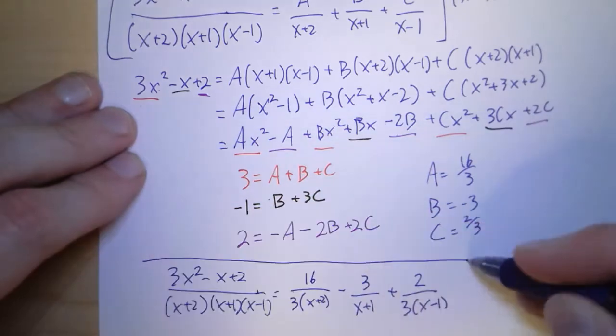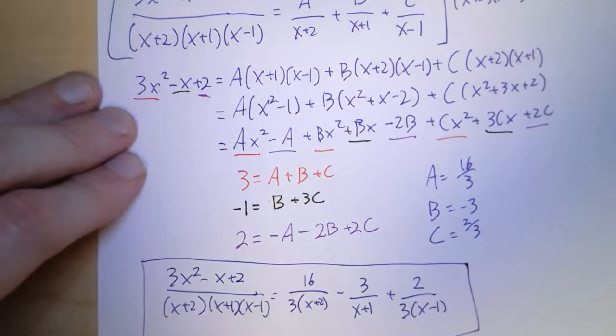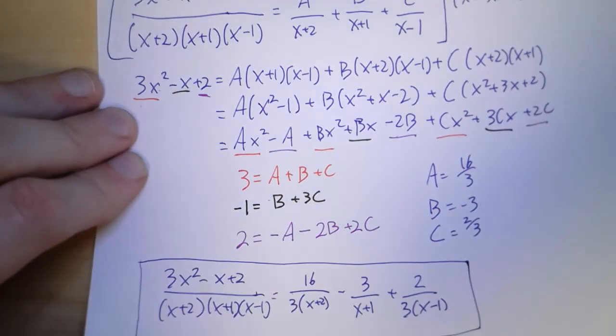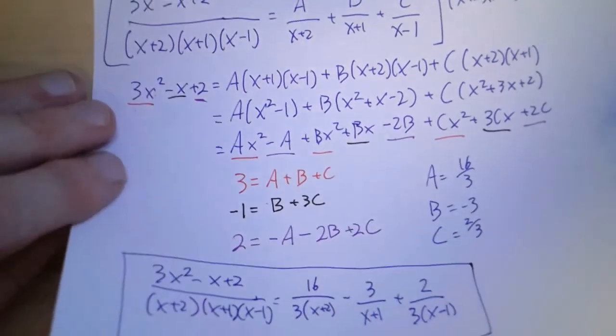So there is our partial fraction decomposition. And that's how we do it. So anytime you have 3 or more variables, you always want to use a calculator. If you have 2 variables, you might be able to solve it by hand, but if you need to use it in a pinch, you can always use your calculator.